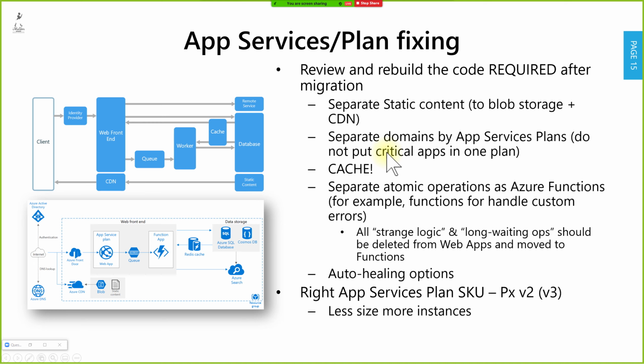You need to separate different application domains by application service plans. So in application service, we have application service plans. That's exactly the servers. Inside the servers, you run your application with a number of instances.